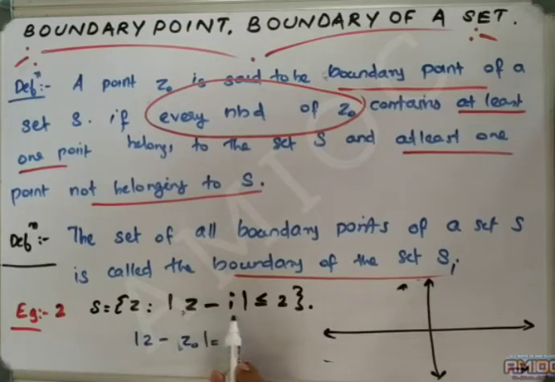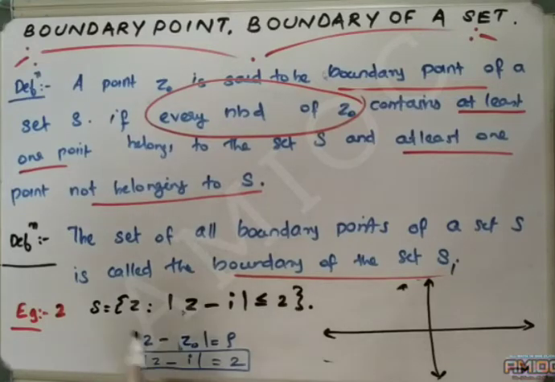Here, if we consider the equation mod z minus i equal to 2, this will be the equation of a circle centered at i, here z0 is i, and of radius 2, here rho is 2. Therefore, we can plot the circle mod z minus i equal to 2, and this set consists of all the points inside that circle. That means this will be a disk in the complex plane.